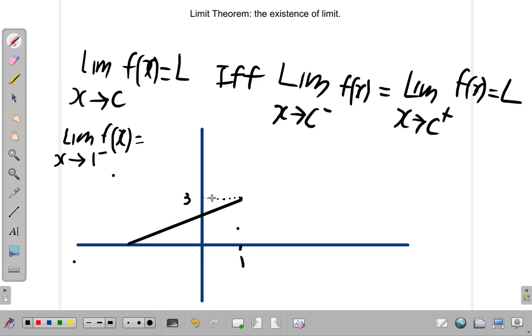The limit as x approaches 1, going from the left, that means you're going this way, is equal to 3.